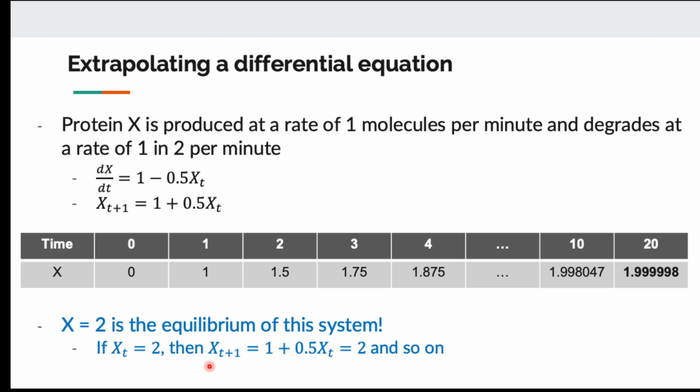So inside the cells, basically, if you let the cells go long enough, this protein will reach 2 molecules and stay there, unless you treat the cell with something that either accelerates the production or reduces the degradation. Otherwise, the cell will maintain the expression level of 2 molecules for this protein, which is a nice property. In the cells, you don't want the expression level to change all the time. You want it to stabilize once the cell matures or differentiates.